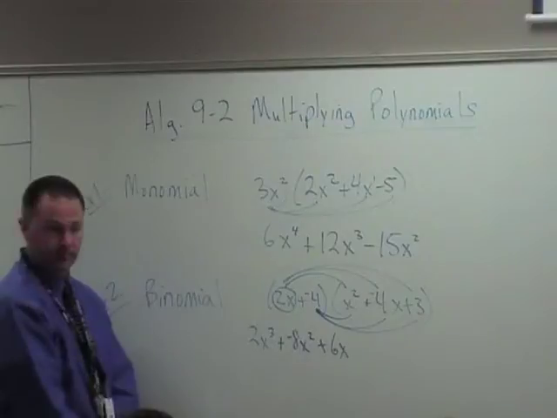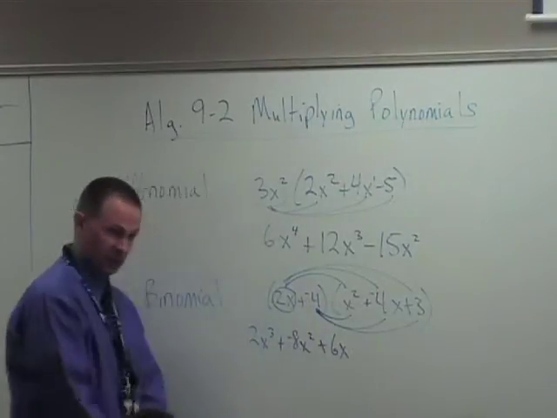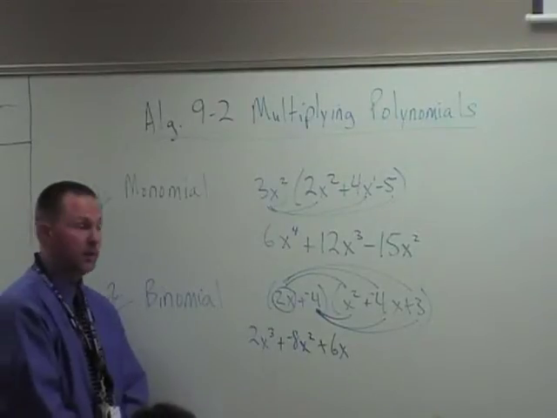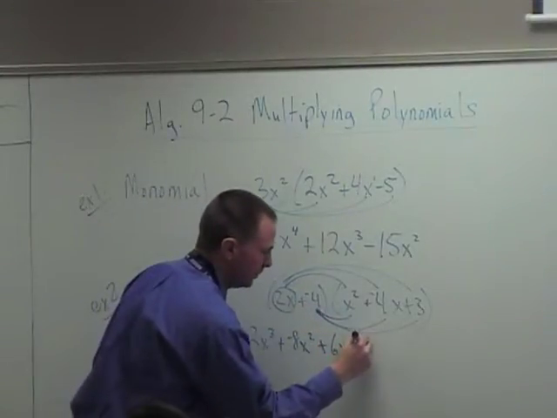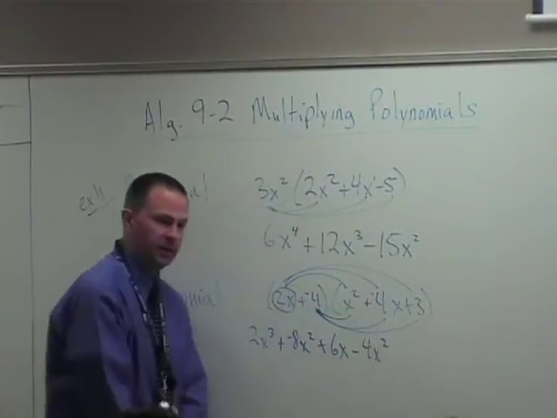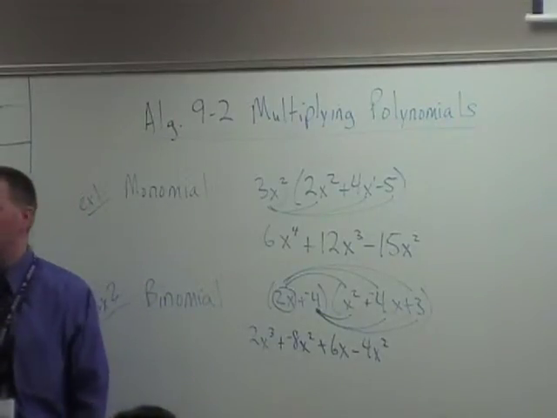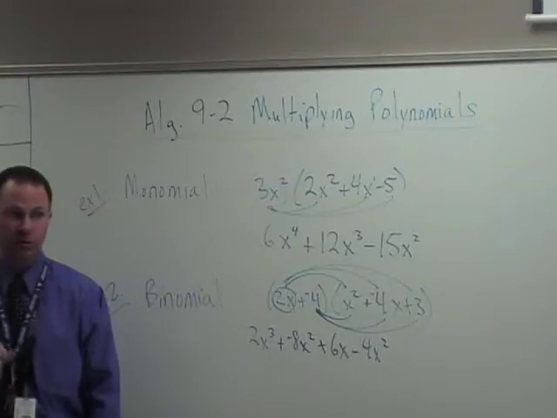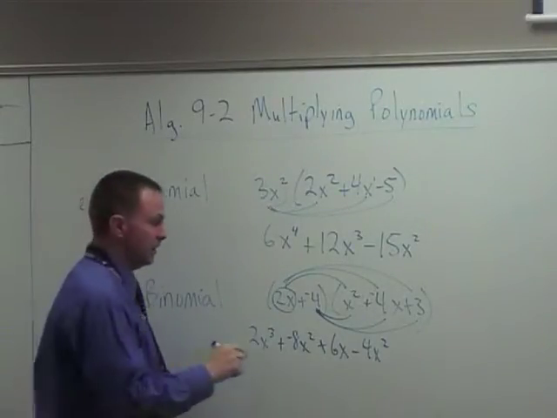Okay? So, negative 4 times x squared. What? Negative 4x squared. If you want to write it like that, that's fine. You can put plus negative 4x squared. That's okay. Everybody in here is supposed to know that those two are the same thing. Okay?